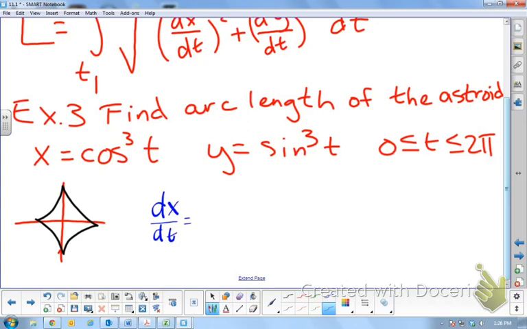This is cosine t all to the third. We do the derivative of the outside, evaluated at the inside, times the derivative of the inside. I want you to find these two derivatives first on your own, just to make sure we remember how to do chain rule.